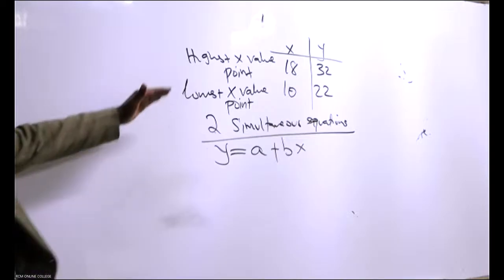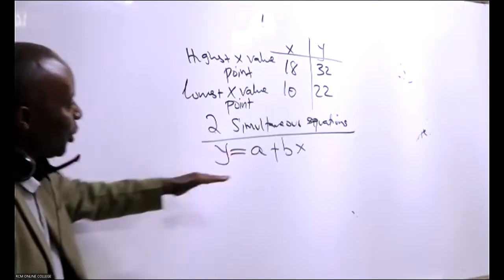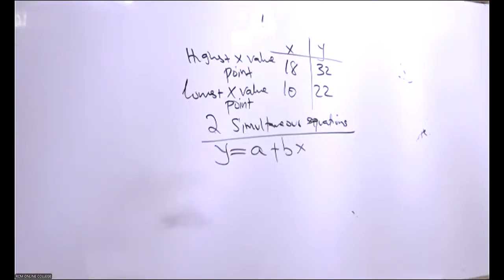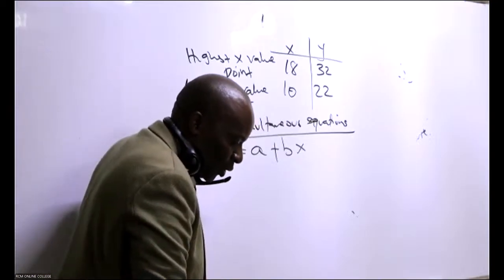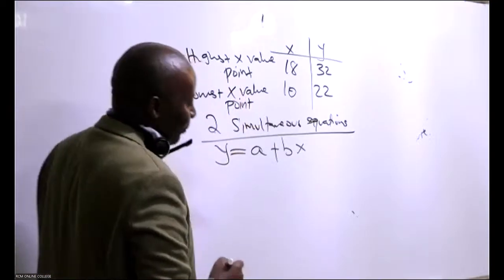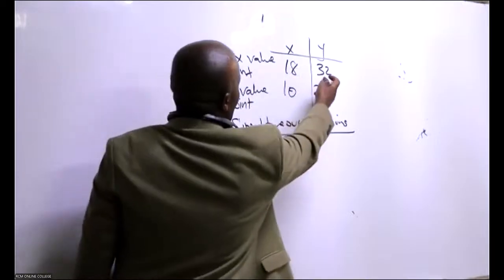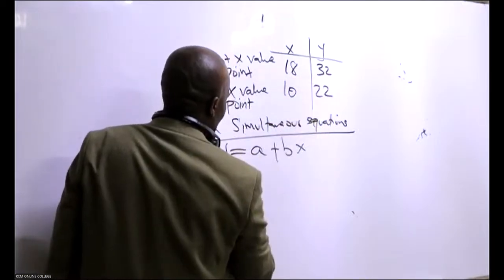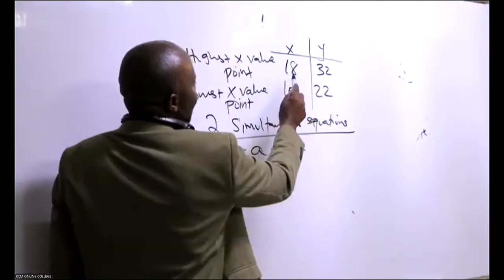Use the highest x value point and substitute here. Give me the first equation. It is y, 32, equals a, which we do not know, plus bx.